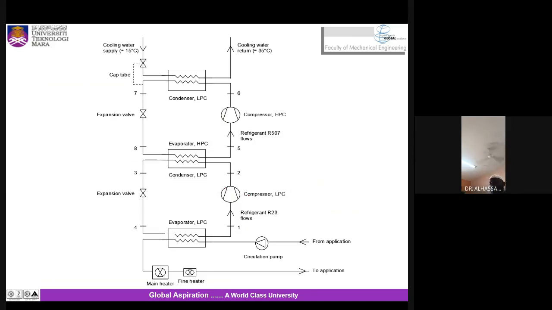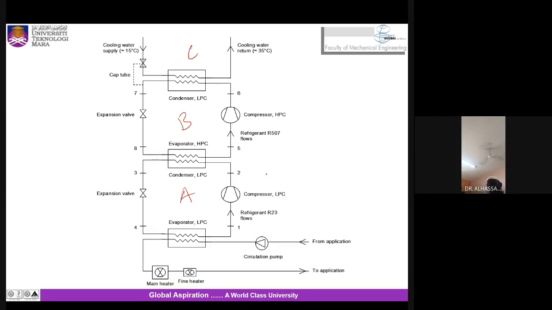It's very important. So this could be refrigerator A, this could be B, this could be C, and it keeps going up like that. Eventually they are all working to reduce the temperature of the refrigeration space.